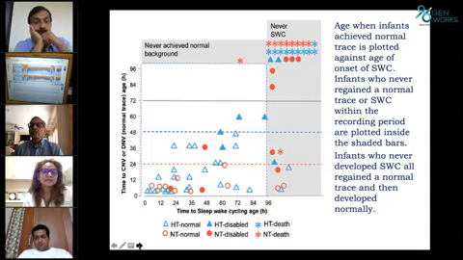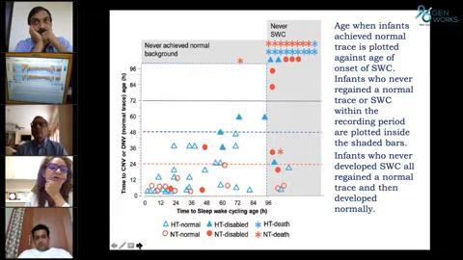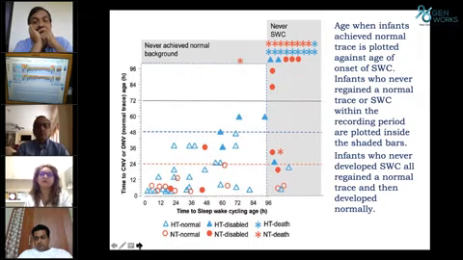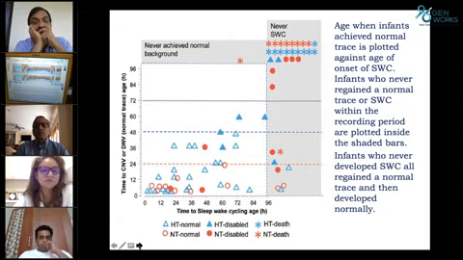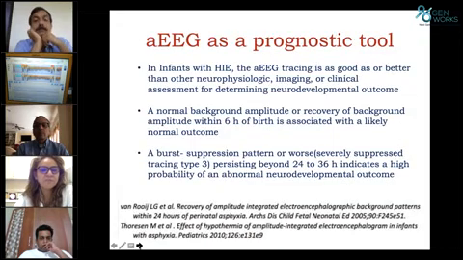As the sleep-wake cycle takes a longer time and the time to coming back to normal is also taking longer, those are the babies which are going to be worse. So when we combine both of them and if both are delayed, then you will definitely tell the parents, oh, this baby is going to have a bad prognosis. This is what we can find from this slide. I hope it is clear. You can see.